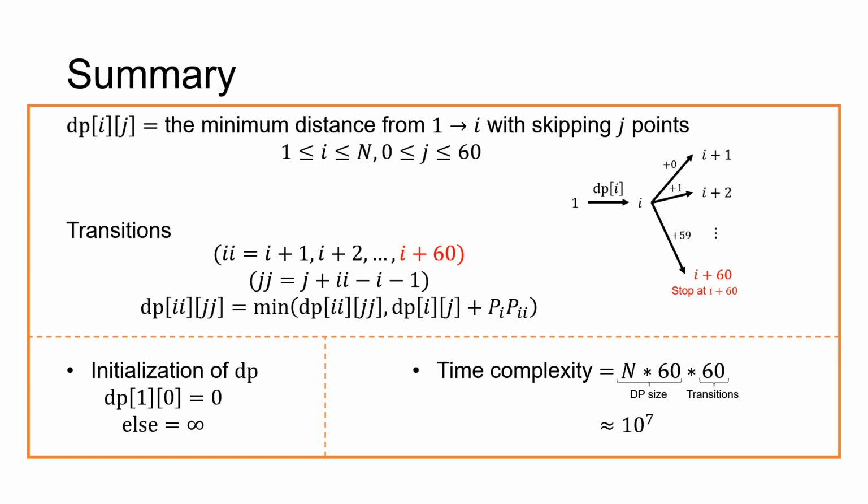This dp works well because the dp size is n times 60, and the number of transitions per each pair of i and j is about 60. So the total time complexity is about 10 to the 7th, which is acceptable. Finally, when we initialize the dp, we should define dp of 1 and 0 as 0, and everything else as infinity.